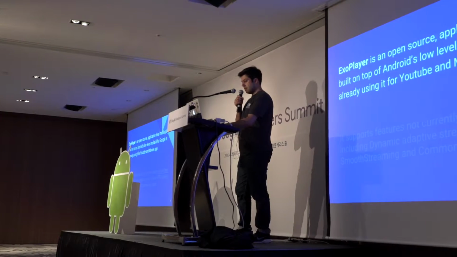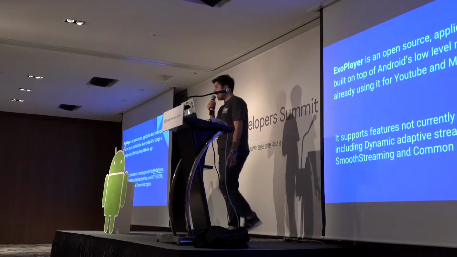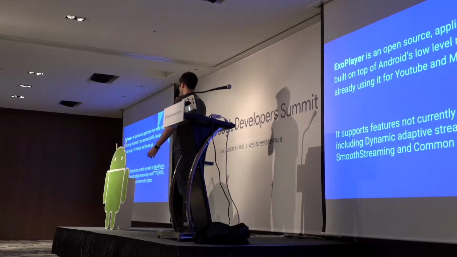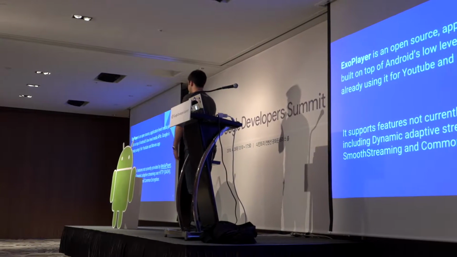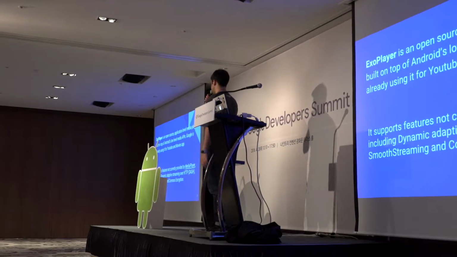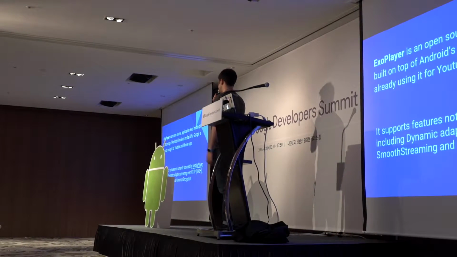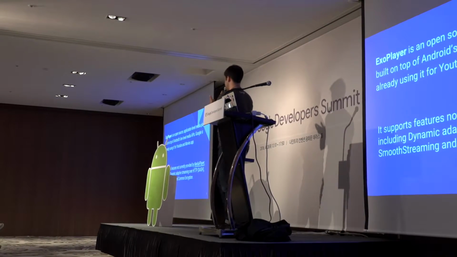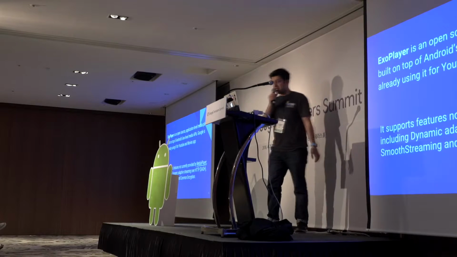But the ExoPlayer just hides all that complexity from you. And it supports Dash, which is very popular for streaming. I'll give you an example about Netflix. For example, they use Dash and HLS and smooth streaming made by Microsoft and some encryption.